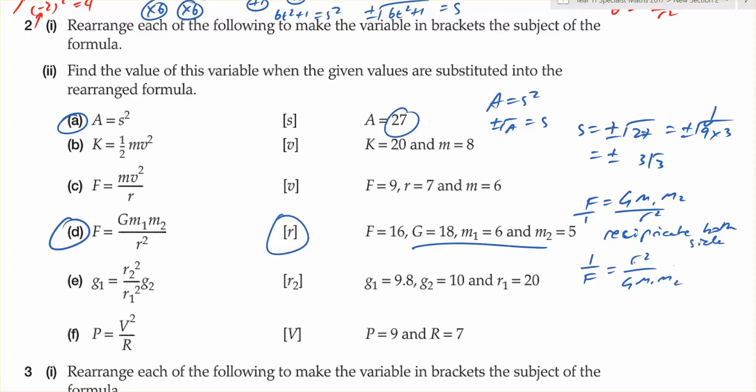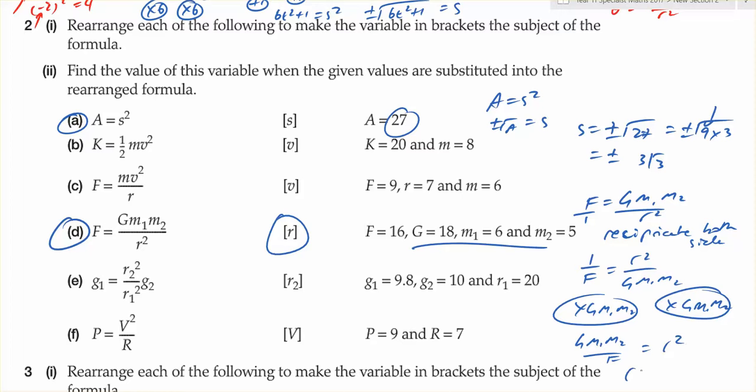I want to times both sides by G m1 m2, because it's all divided by G m1 m2. So I get G m1 m2 divided by F equals r squared.